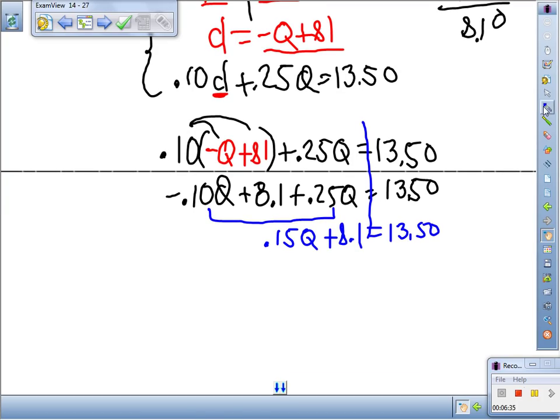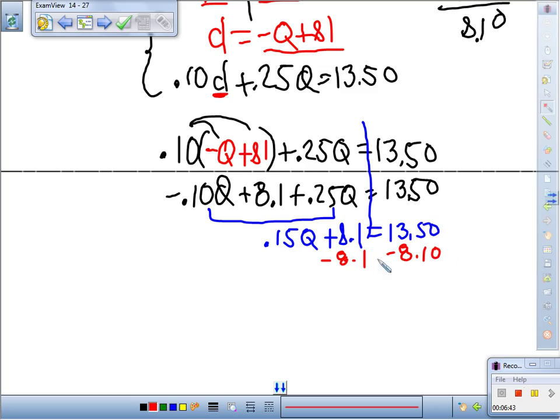What do I do from there? Subtract 8.1, or 8.10. I'm going to put the 0 so that it lines up there. We're left with 0.15Q equals 5.40.